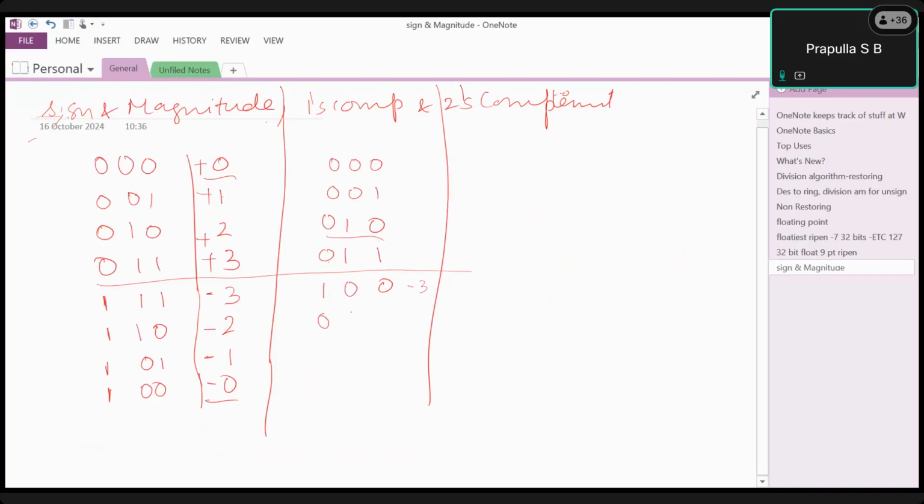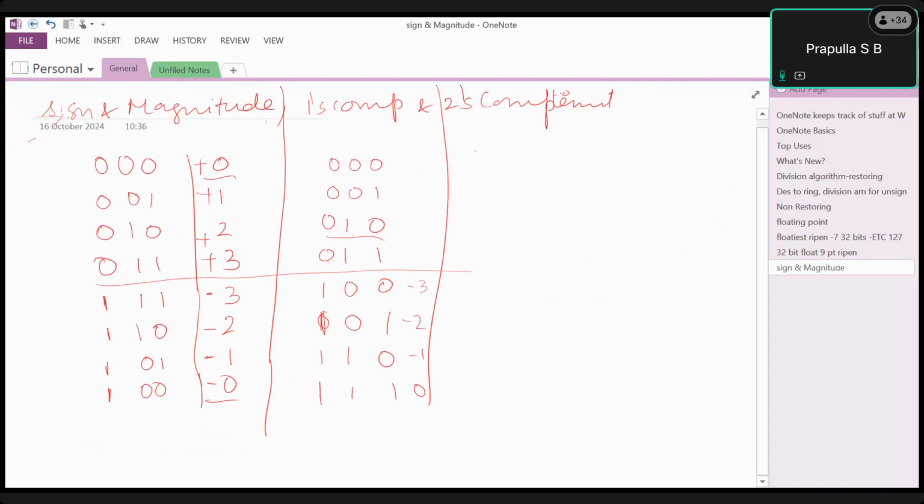This will be 101, 110, 111. So here also you have two representations for 0, which is again not acceptable or not true.